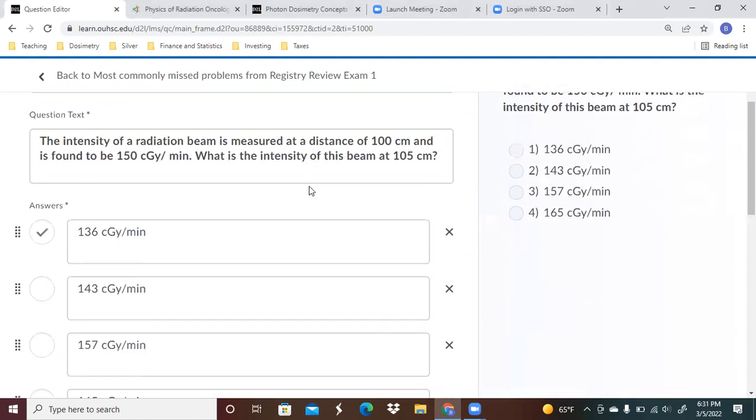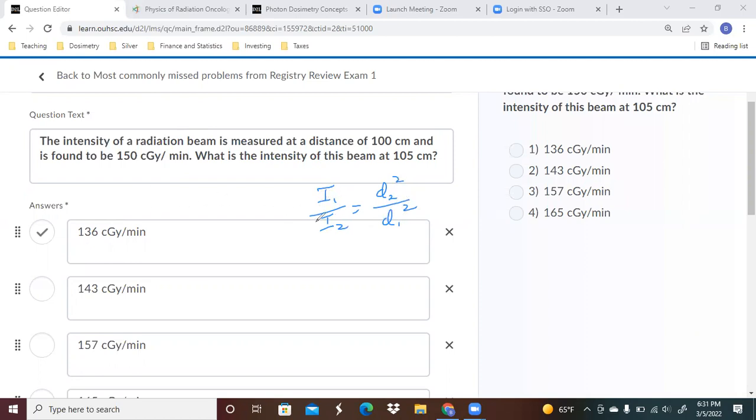All right. The intensity of a radiation beam is measured at a distance of 100 and is found to be this. What is the intensity of the beam at 105? If you will remember, the ratio of the intensities is equal to the distances squared, only inverted, so instead of 1/2 over here, you'd have 2/1.